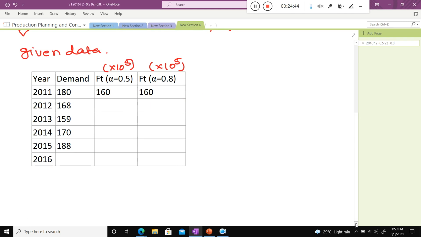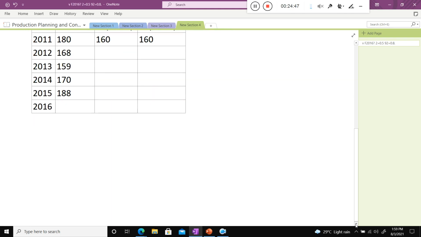What is the way to solve the problem? As I told you, first you need to identify the forecasting for 2012. Suppose I assume alpha is 0.5.